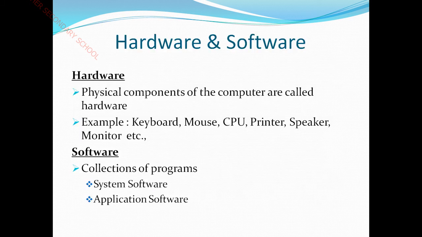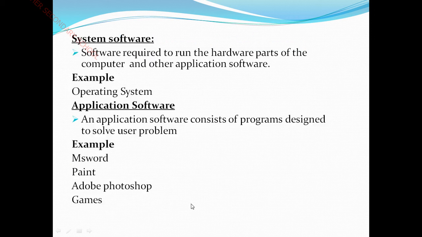Next one, hardware is the physical components of the computer, software is the collection of programs. There are 2 kinds of software: system software and application software. What is the example of system software? Operating system. Examples of application software are MS Word, Paint, Photoshop and games.